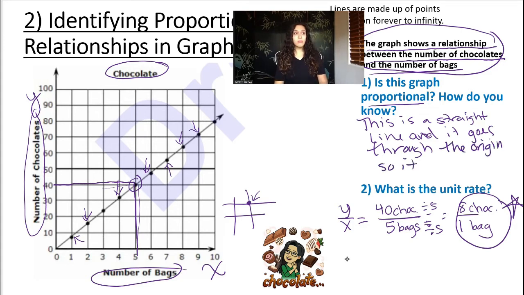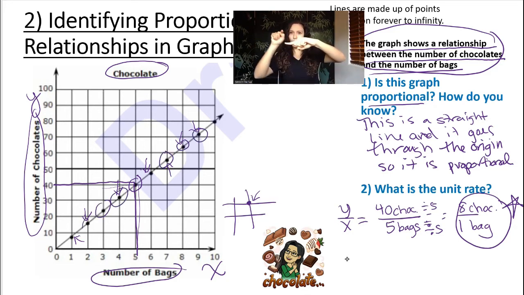So it is proportional. And that's enough evidence for me at this point. Because when it looks like this, I don't want you to approximate those. You won't get an exact answer, and we want an exact answer.